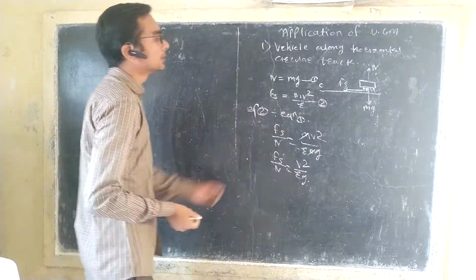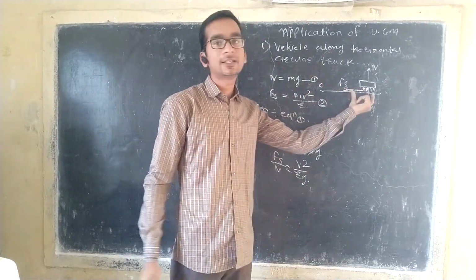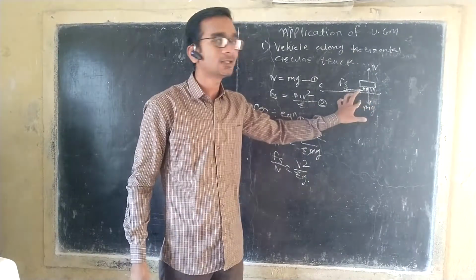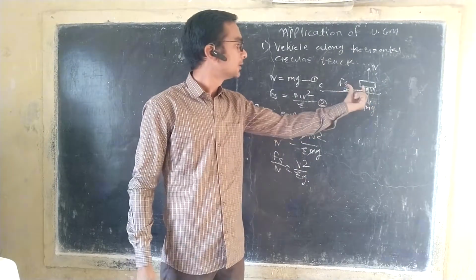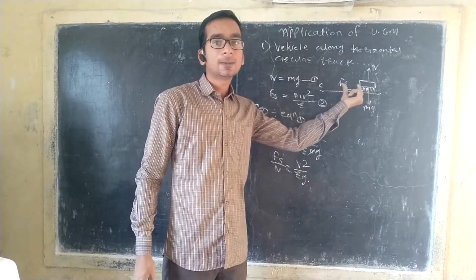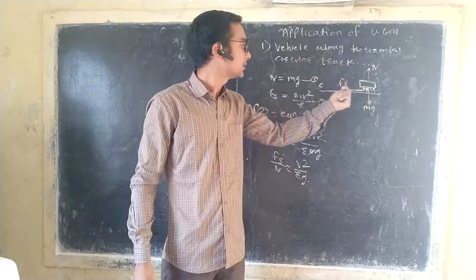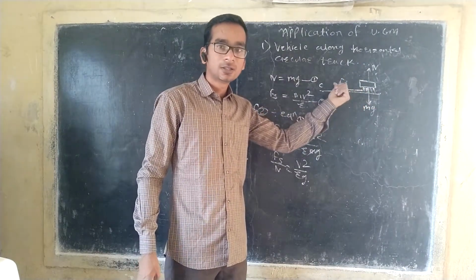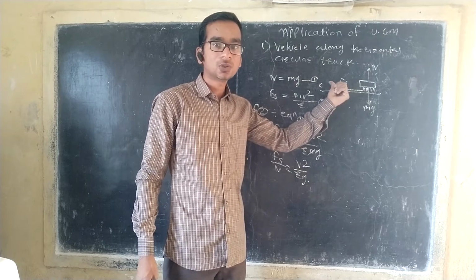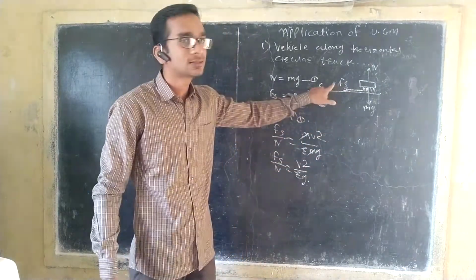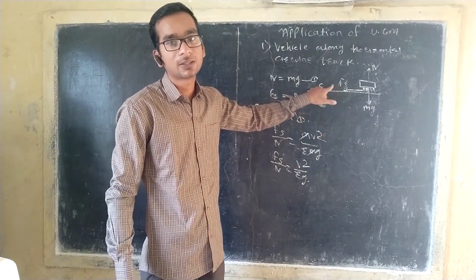But from this diagram you can see that the radius of the curvature will remain constant, and therefore if the velocity increases, this frictional force also increases. But this frictional force has an upper limit.